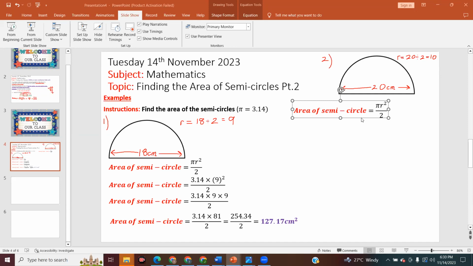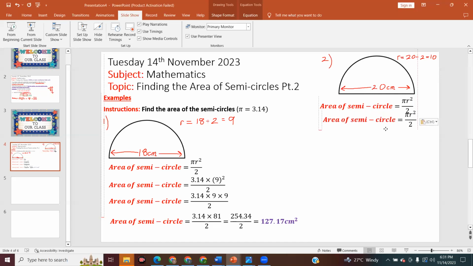All right, Jevin, what is the radius? The radius is 10.